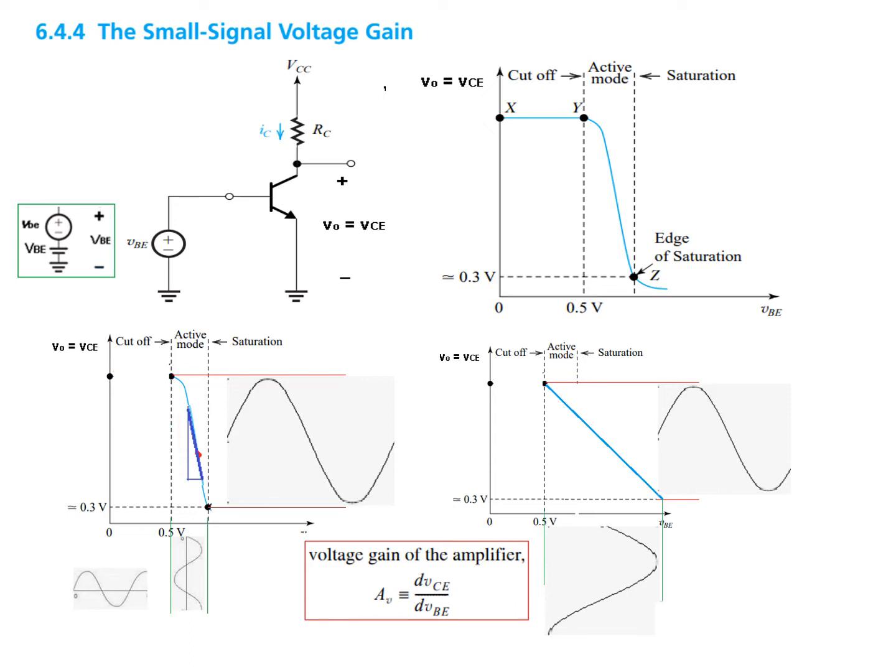So another way of looking at it, this slope, which is actually dy by dx, we know, can also be written as dVCE over dVBE. Now this is y, VCE. So dVCE over dVBE is this line. The voltage gain of the amplifier will be written like this: AV is dVCE over dVBE.